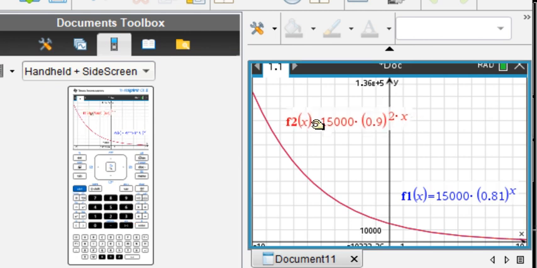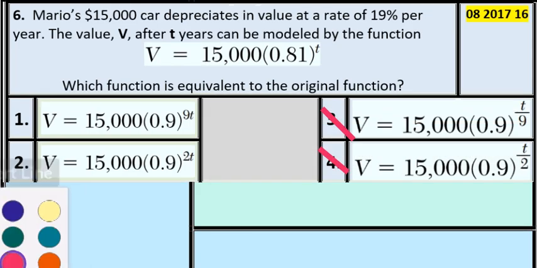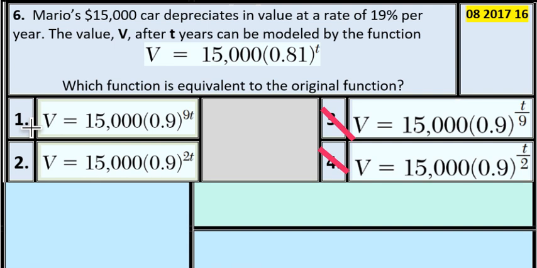And that means that these 2 things are definitely equivalent. So even if you don't know some of the algebra, anytime you see is equivalent to, you can graph it, and only one of your graphs is going to give you the same exact answer. And that's why choice number 2 is the answer to question 6.